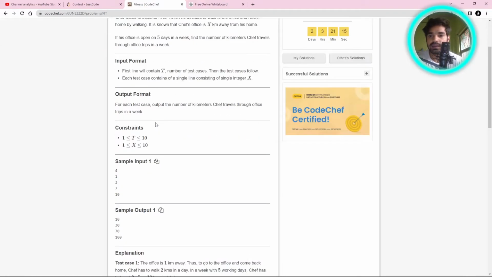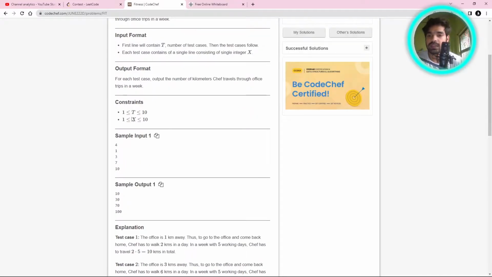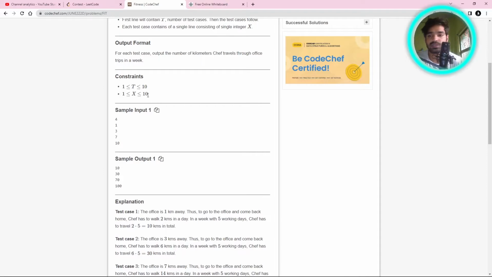Let's look at the test cases and input requirements. The first line will contain T, which is the number of test cases, and the second line will contain a single integer X. The constraints are that T should be within the range 1 to 10, and X should also be within the range of 1 to 10.